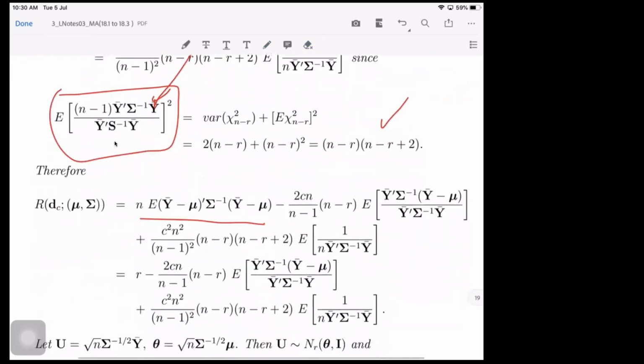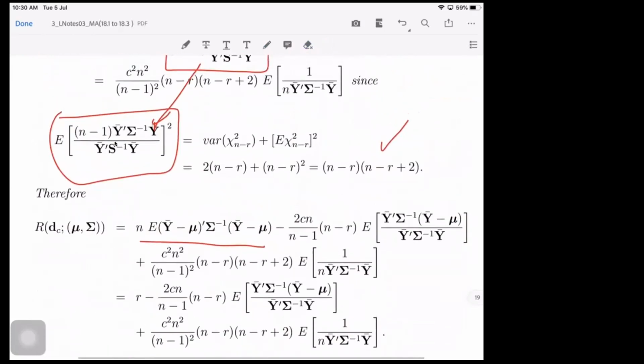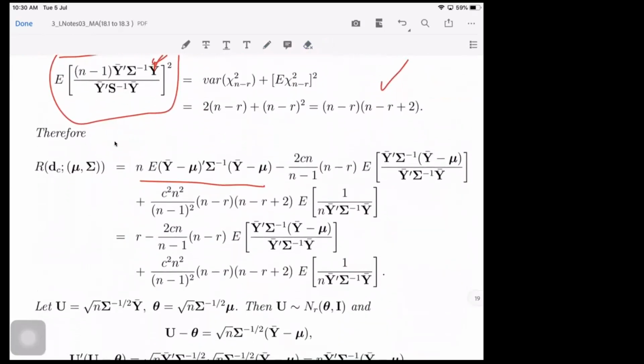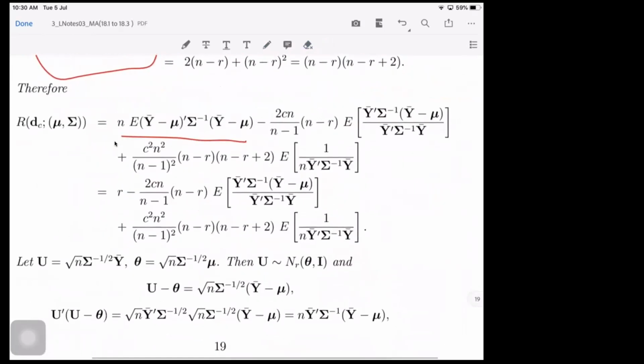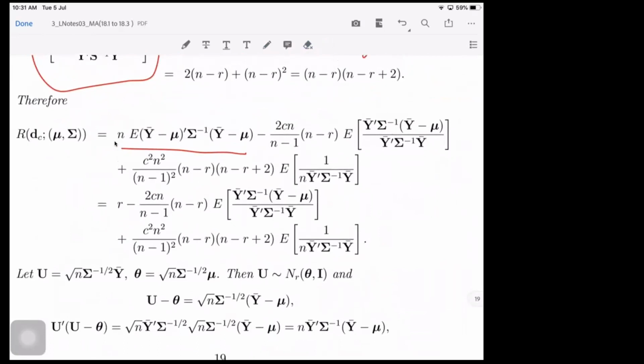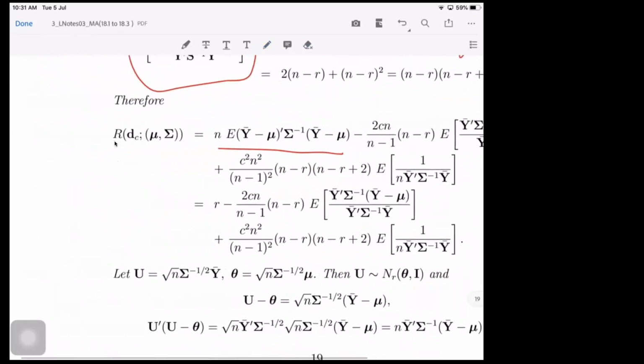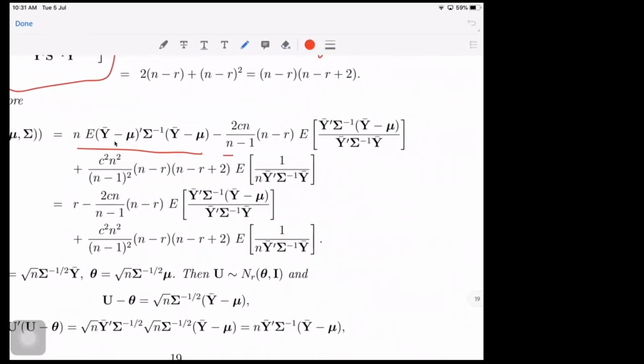So now you do substitution of what you derived from the second term and the third term. That was just algebra. I expect that you know how to do it. So this is the first term. This is substitution of the second term after simplification. And this is substitution of the third term after simplification. And then you do algebra again.